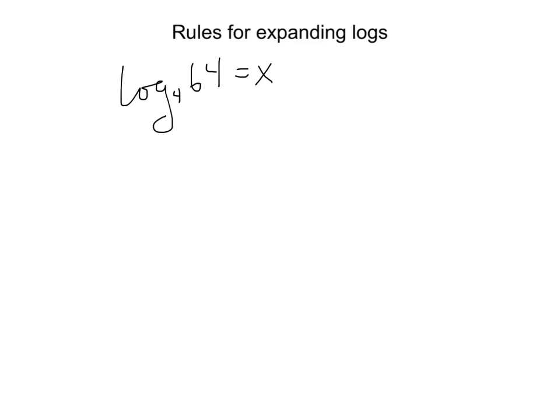When I'm finding the log of 64 in base 4, what I'm looking for is the exponent on base 4 that will actually give me an answer of 64. So because logs are really exponents, keep in mind that the rules for exponents then become the rules for logs.